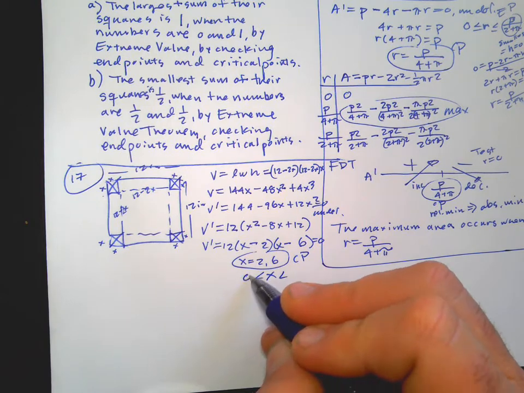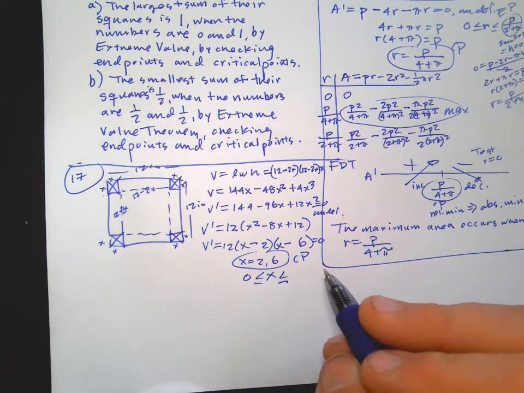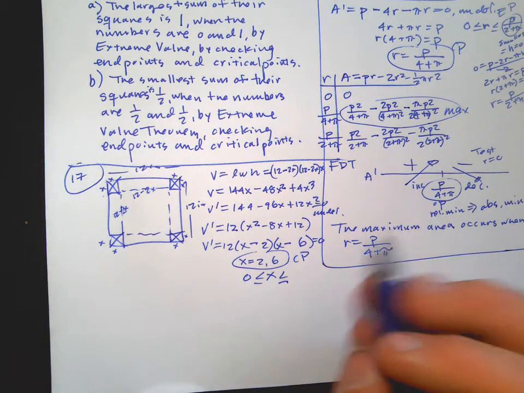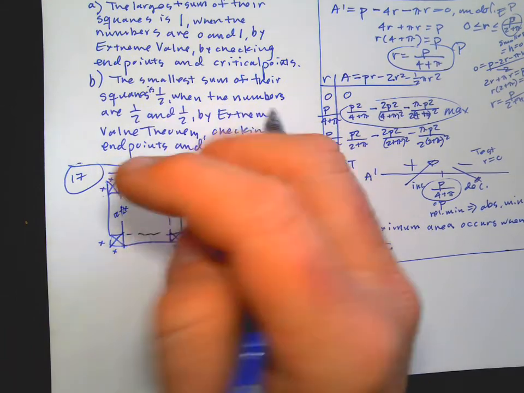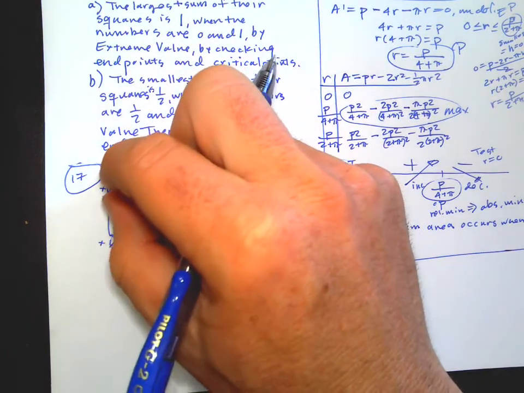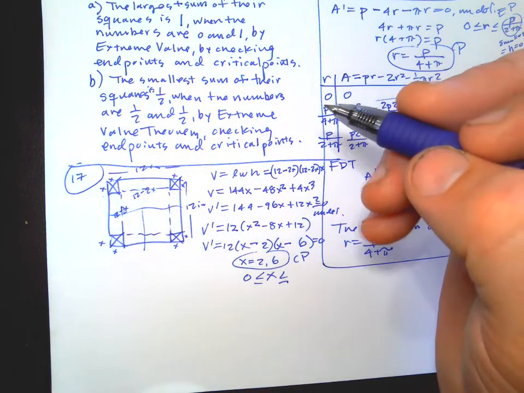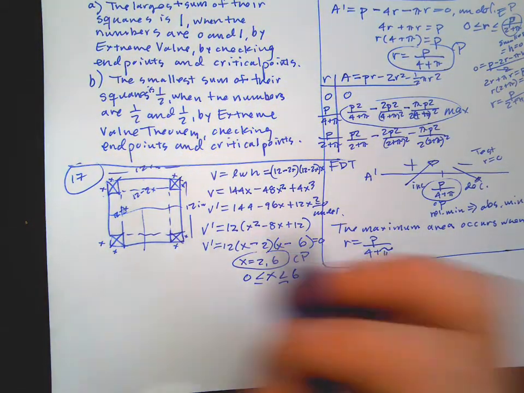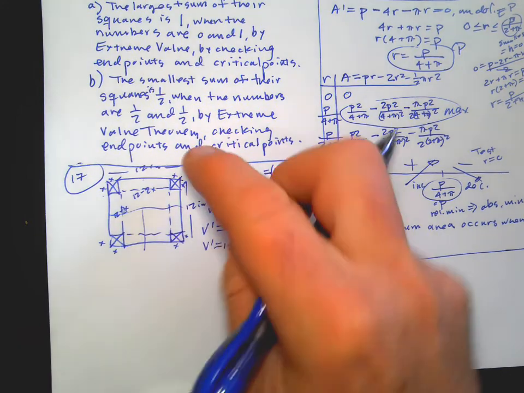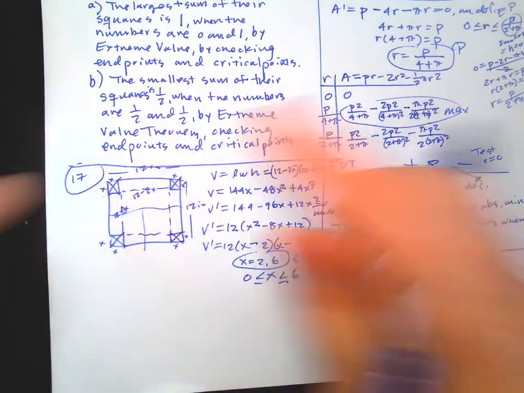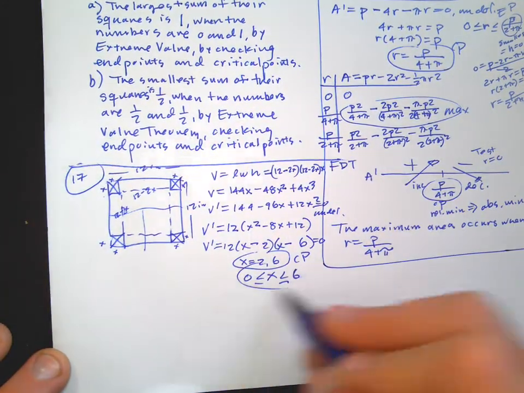Well, 0, which is silly, but it's possible. And what's the biggest x could be? You could make x go all the way, and everything's a corner, and that'd be 6, because there's 12 inch sides, right? So if you made both of these go all the way in to where there's no side anymore. So these are your endpoints.